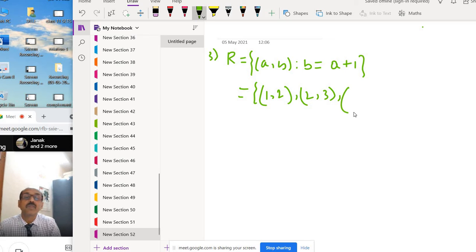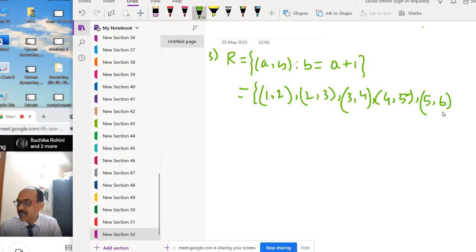Then a equal to 3, so b equal to 4. Then a equal to 4, b equal to 5. Then a equal to 5, b equal to 6.